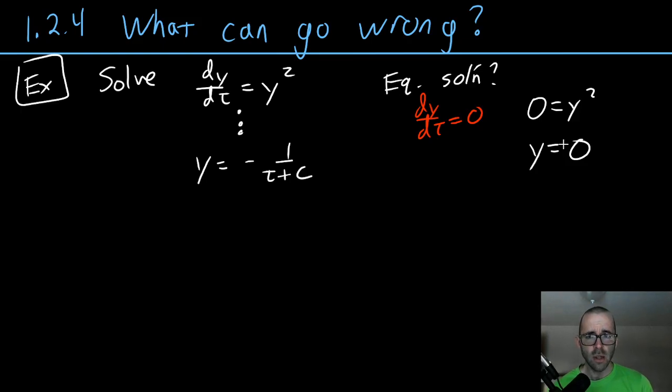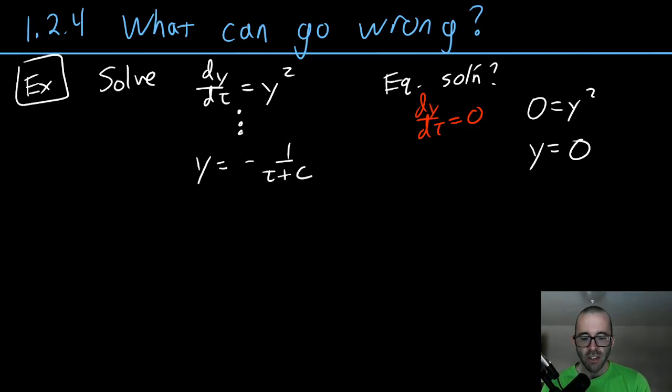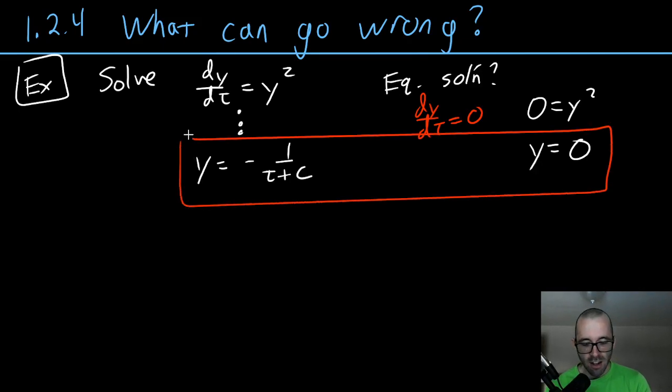Well, the equilibrium solution is a solution, right? That makes the equation true. But that means this is not the general solution because this is missing one. Is it missing others? This method can miss solutions. So this is not the general solution to the differential equation, actually.